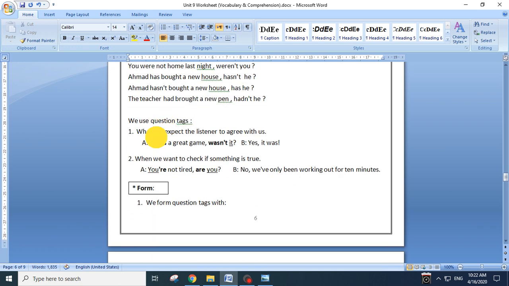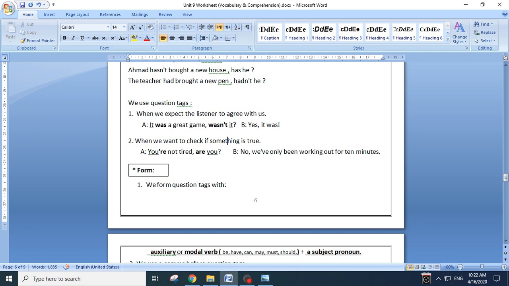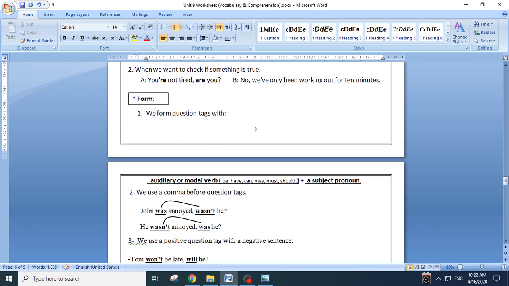We use question tags when we expect the listener to agree, which means, do you agree with me? Or we use it to check if something is true. Like, you are not tired, are you? We form the tag question by using a statement, then a comma, then the tag question.